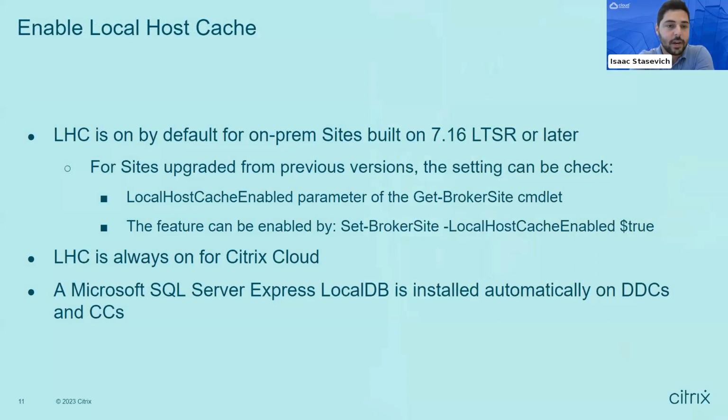For DAS environments, localhost cache is always on. You actually can't turn it off. And in our cloud connectors and our delivery controllers, a SQL Server Express local database is automatically installed. So you have that local database there by default, and you're ready to go for localhost cache.